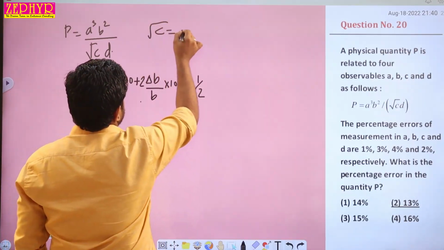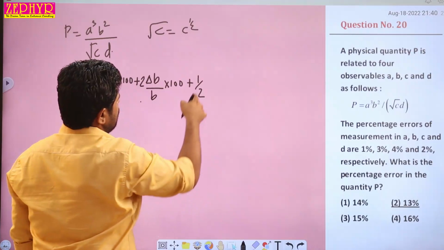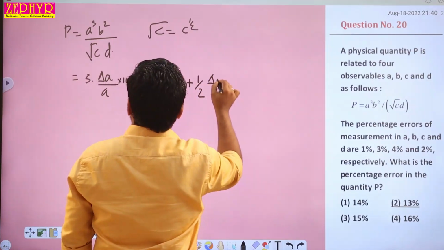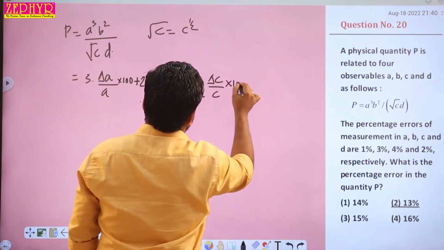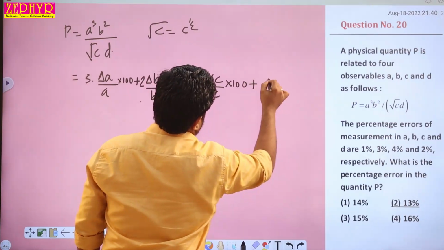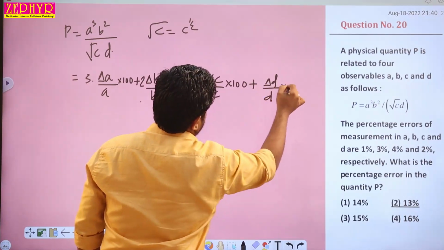See, root C means it is equal to C raised to 1 by 2. So 1 by 2 delta C divided by C into 100 plus delta D divided by D into 100.